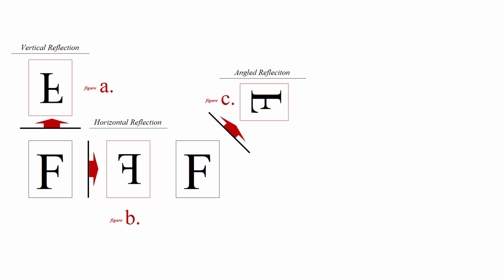For example, we might say, figure A has been reflected vertically across a horizontal line of reflection. The consequent image is top-bottom reversed, but left-right preserved. This is the exact opposite of what we would say about figure B. It is top-bottom preserved and left-right reversed, reflected horizontally across a vertical line of reflection.